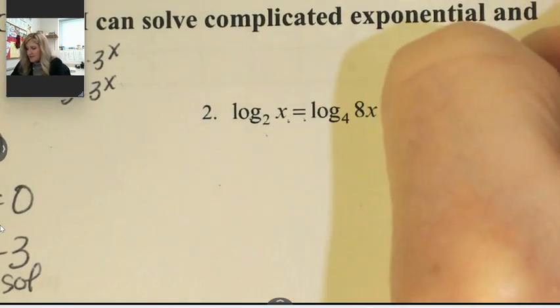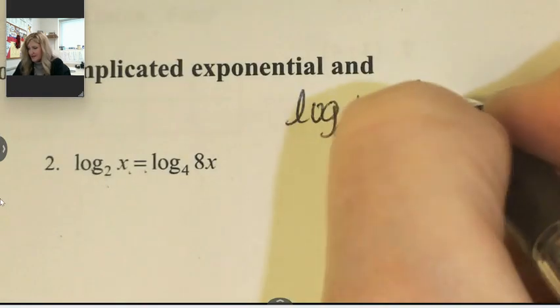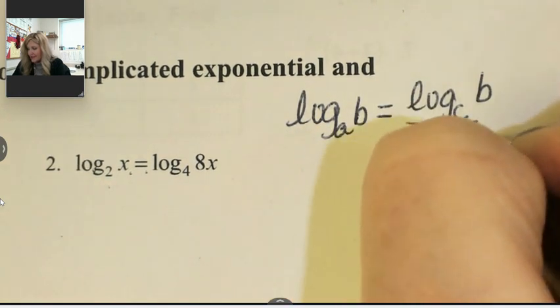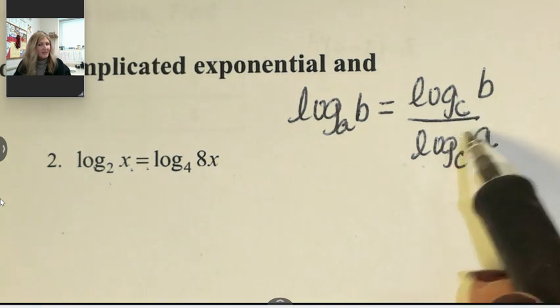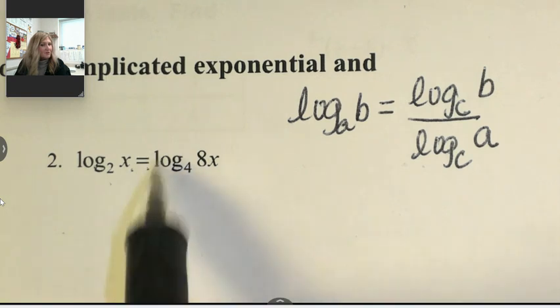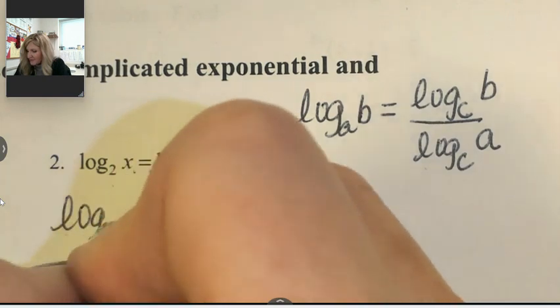It says this: if I have log base a of b, I can write that as log base c of b over log base c of a. I can choose any number I want for c. Well, I want to get the same base. So what base am I going to use on this right-hand side? 2. So I'm not changing the left.